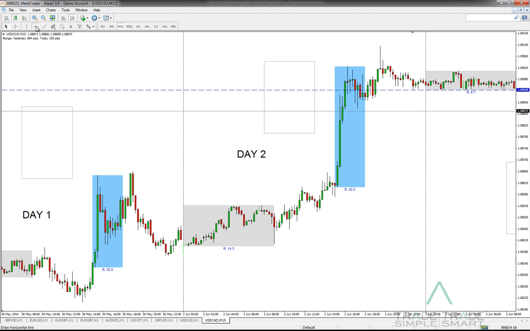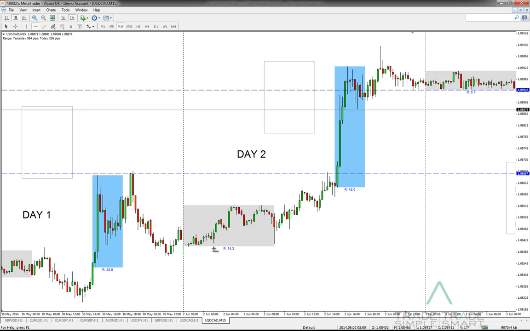Okay, so for example, we have another level of support here, and we also have another level of support here, which is the previous day's Japanese session lows.